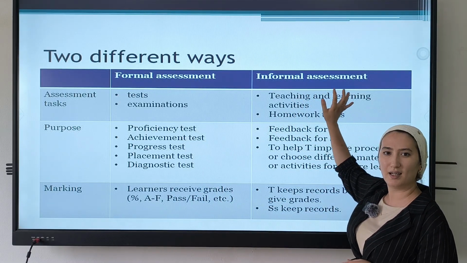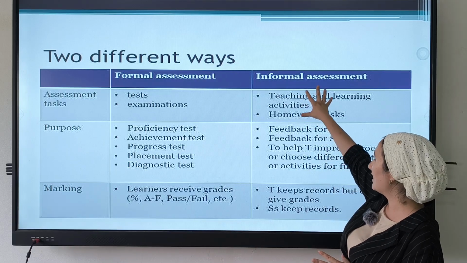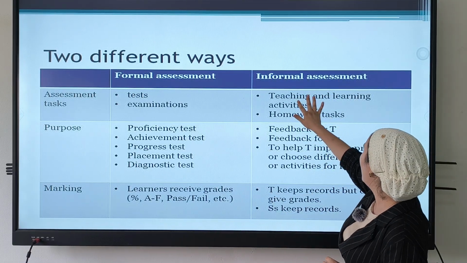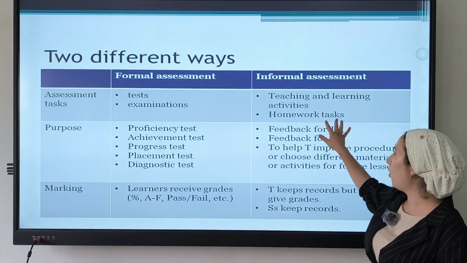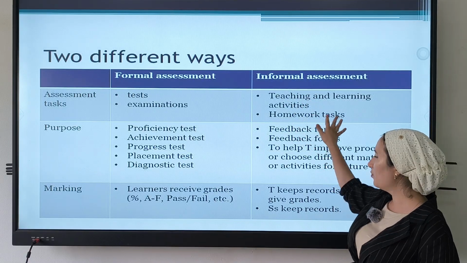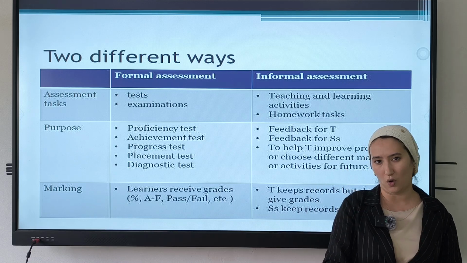Well, next, assessment activities, informal assessment. So teaching and learning activities, different types of activities and homework tasks, they are informal assessment. Yes, homework task: you give homework to your students and they just do the homework.